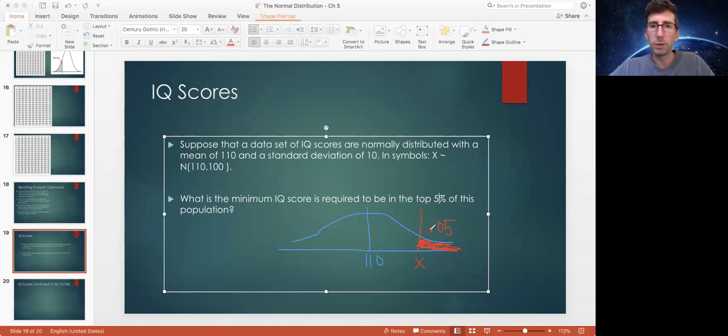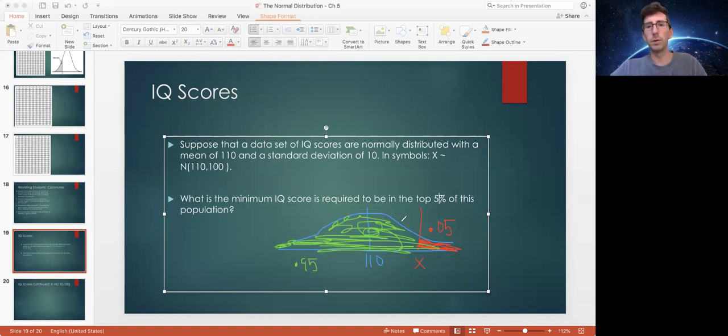Well, if 5% are above me, we know our total has to add up to 100. Then that means here in the green, all of this is going to be equal to 0.95 below.